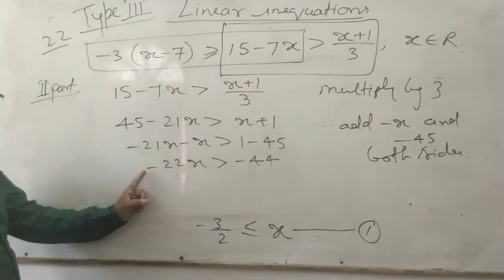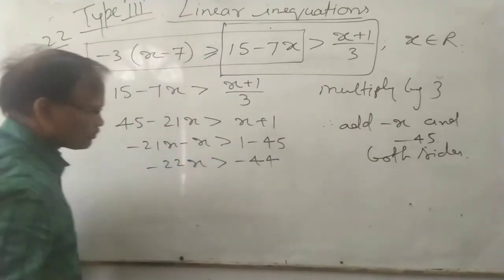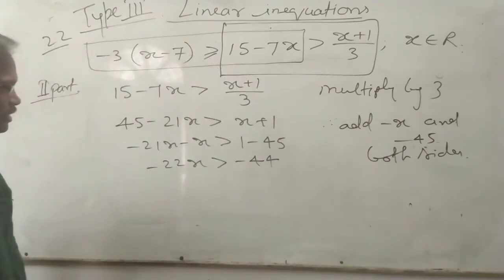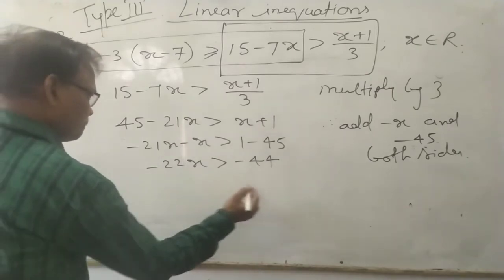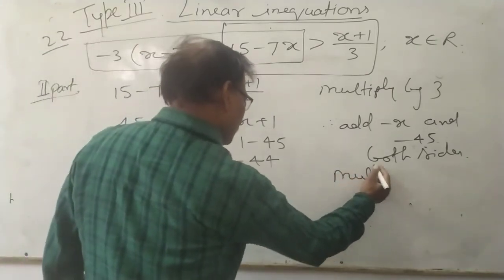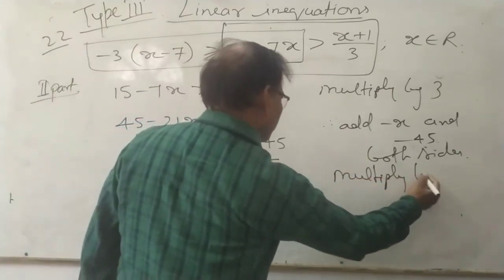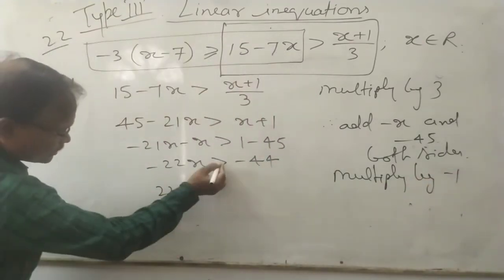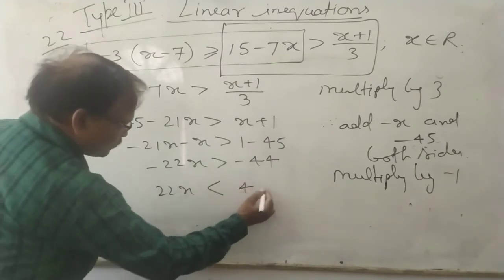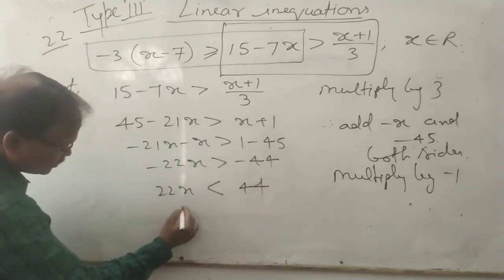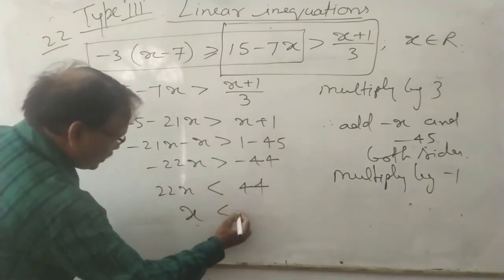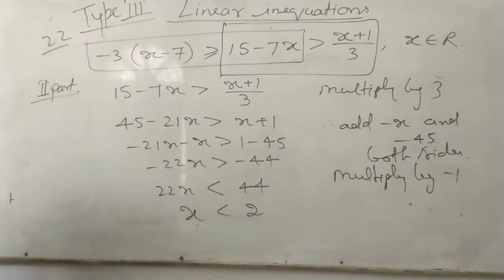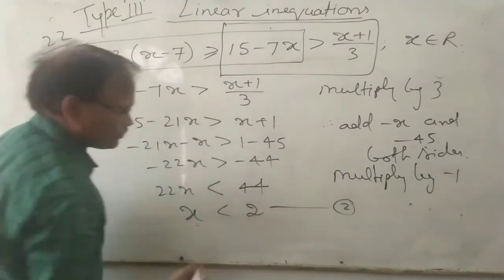Then multiply by the minus sign. So it will be 22x and this sign will change, and it is 44. Now divide by 22, so it will be 2. This is the inequation 2.